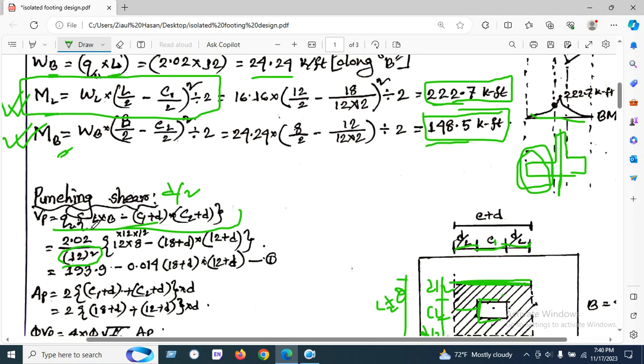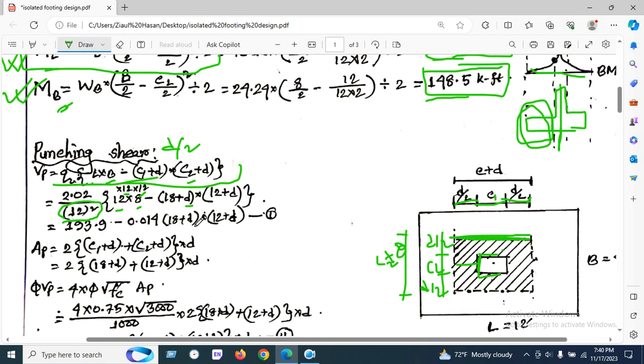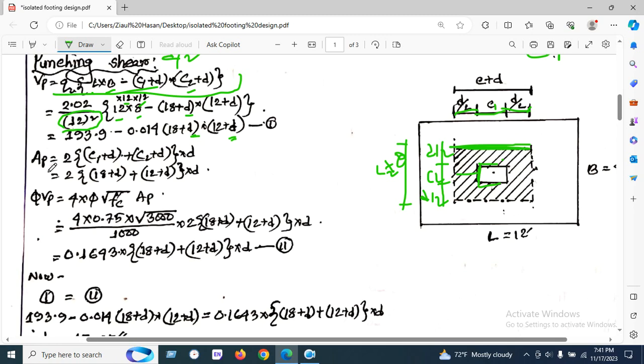In the same way, the footing L is 12 feet, so we multiply by 12, and breadth is 8 feet, so multiply by 8. I forgot to write it here, that's why I wrote it above the value. And minus C1 D. C1 D is the footing's first face C1 and D, and C2 is the other side of the footing. That's why we denote C plus D, and we have found this formula, and the unknown value is D.